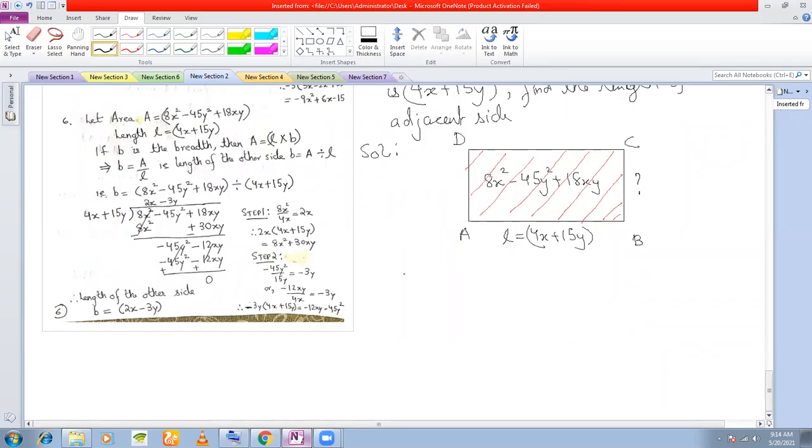So what is the area of a rectangle? Length into breadth, right? That means what should the breadth be? Area divided by length. Is this clear to everyone? When I divide area by the length, I will get the breadth.